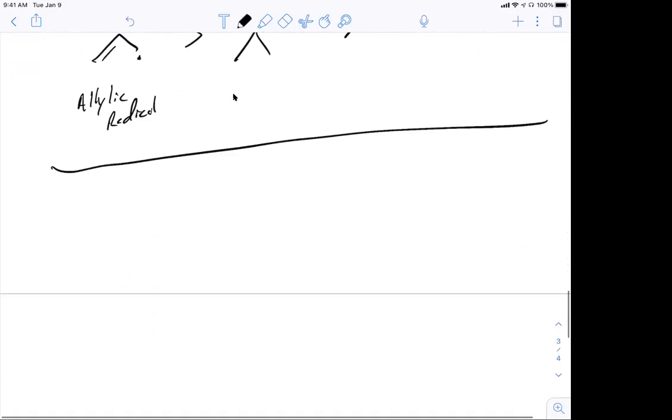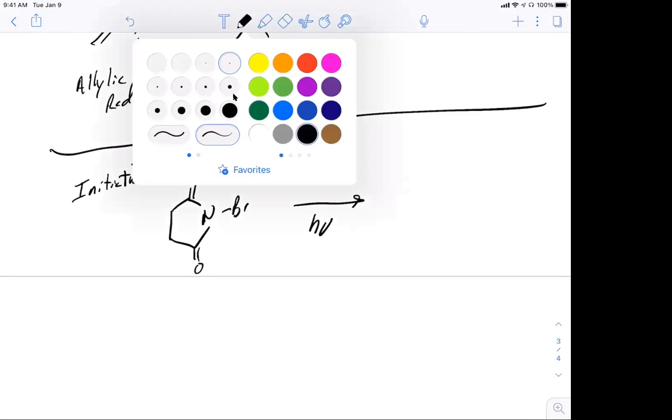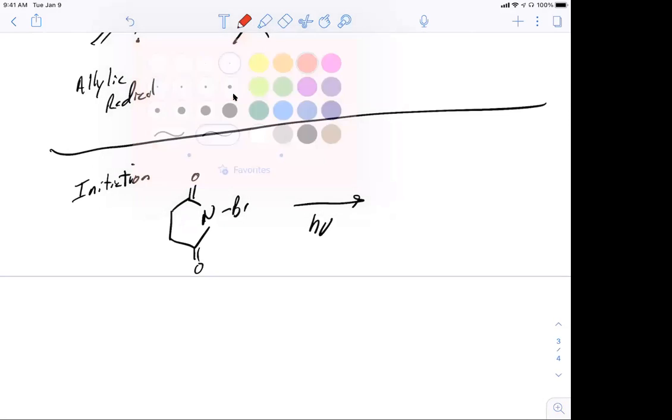So what does the mechanism look like? Well, first we have initiation. So with light or heat, we can get the fishhook arrows, right?